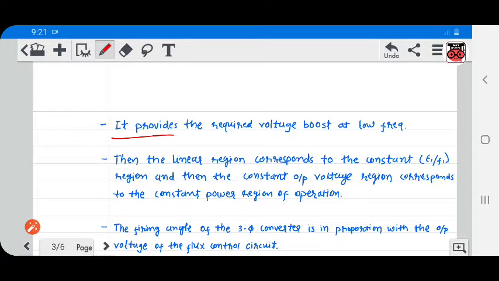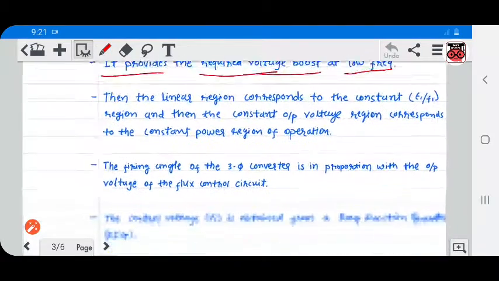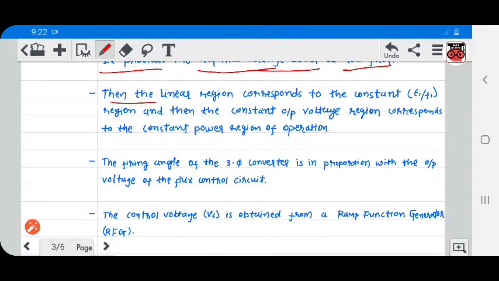This will provide the required voltage boost at low frequency. Then the linear region corresponds to the constant E1/F1 region, and the constant output voltage region corresponds to the constant power region of operation.